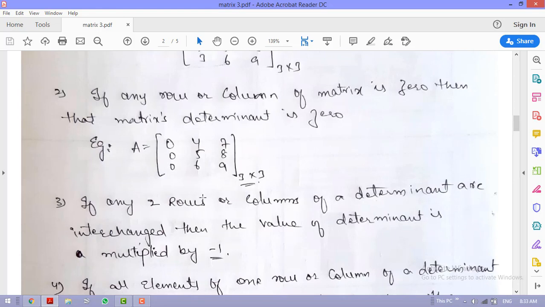It says that if you change column 1 with column 3, like at the place of 0, 0, 0 you have 7, 8, 9, and at the place of 7, 8, 9 you have 0, 0, 0, then we are interchanging two columns. Then you have to apply a minus sign when you find the determinant.